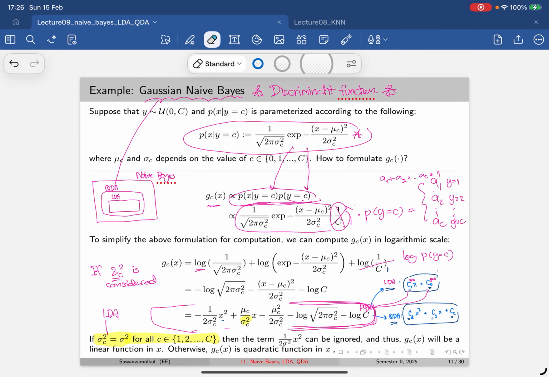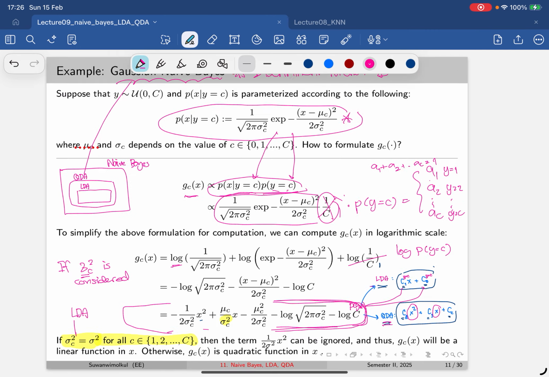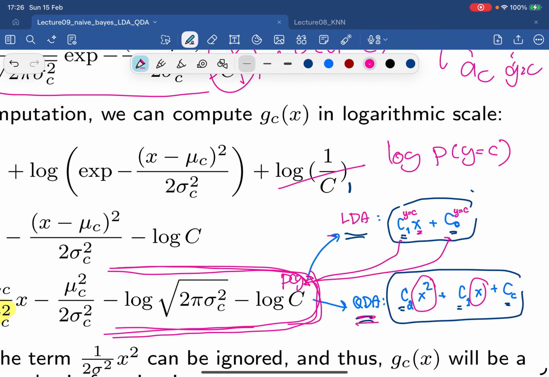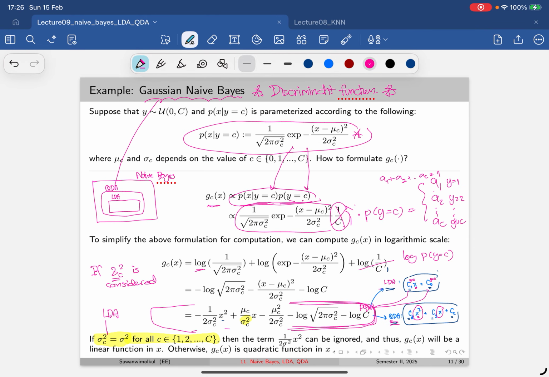When that quadratic term comes back, it becomes a quadratic function. That's why we call it QDA, quadratic discriminant analysis. But LDA is linear discriminant analysis. It is linear in x, and QDA is quadratic in x. Okay, just to let you know.